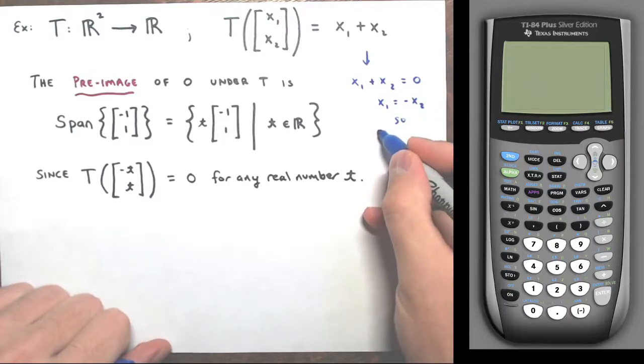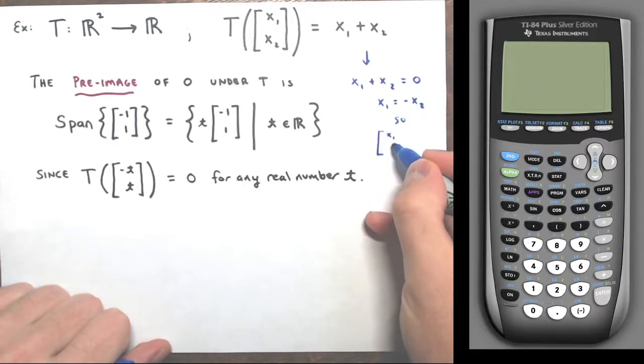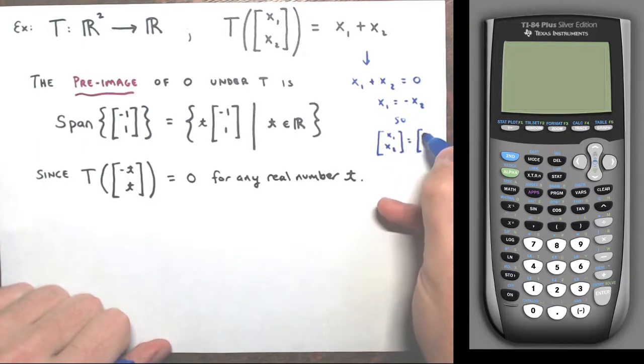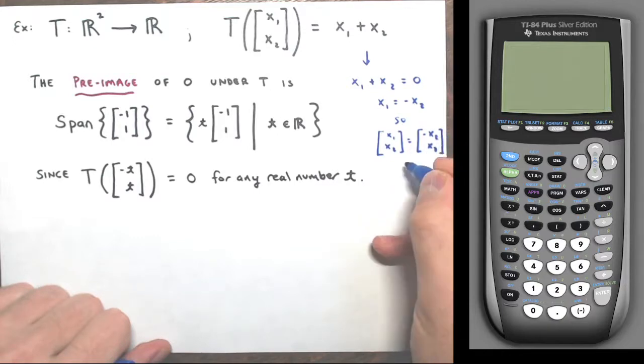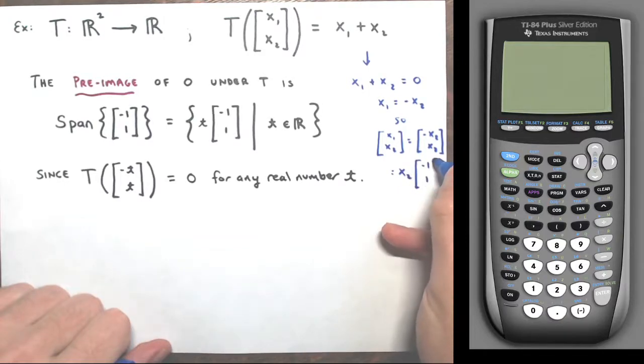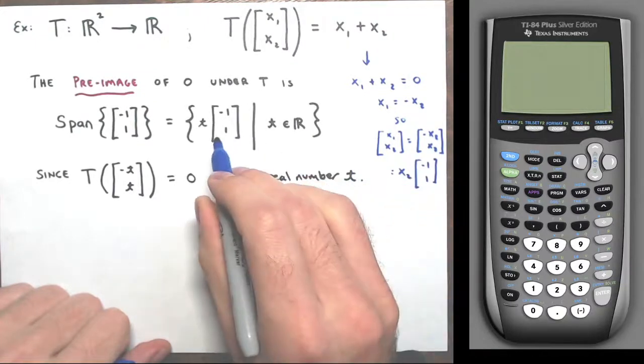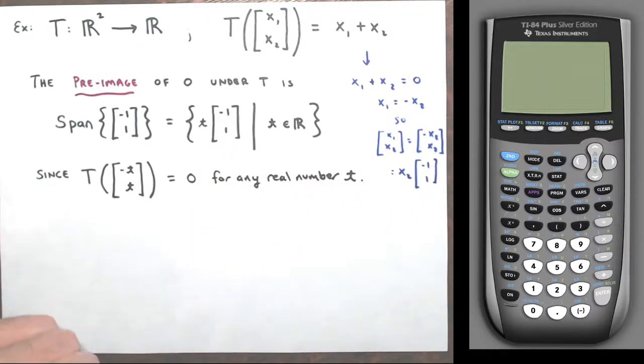So vectors that look like this, where x1 is just the opposite of x2. If I pull x2 out of this, x2 is just some real number. You could call it t here, but t is any real number.